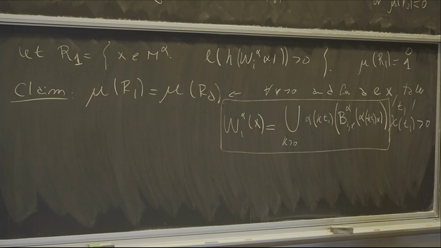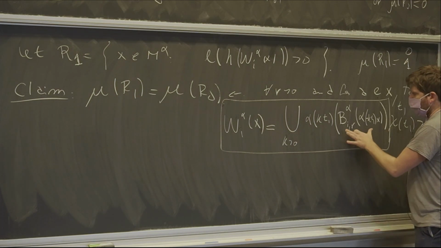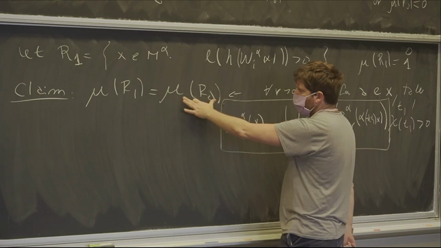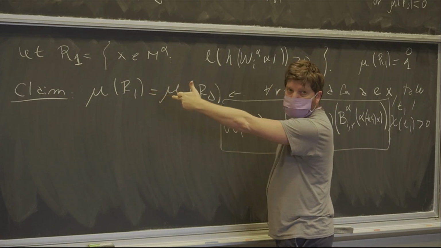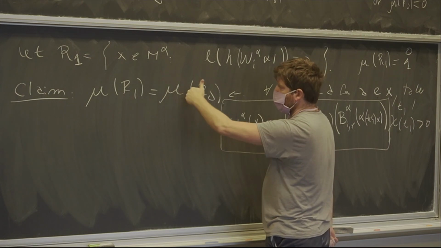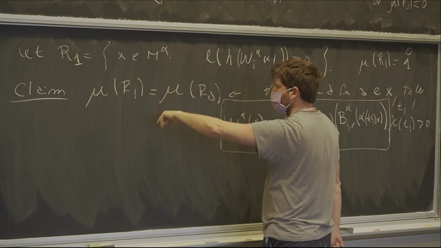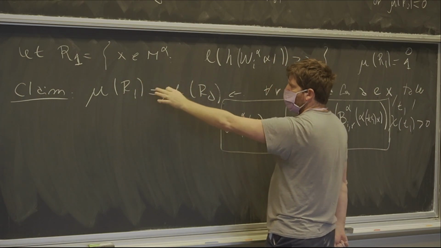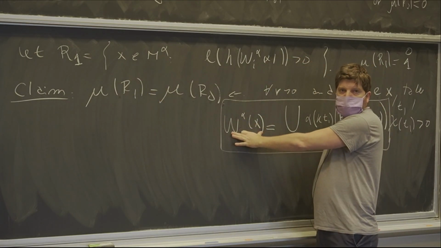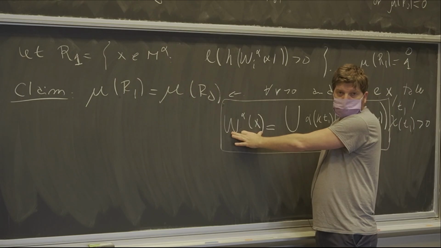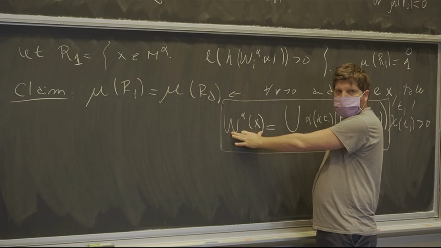So that's why this is good for any T1 making this positive. Now this plus the invariance is telling me that if this set has positive measure, well, certainly this containment is trivial. So if this set has positive measure, then this set has positive measure. But on the other hand, if this set has positive measure, then this has positive length for points. So the image of this has positive length.